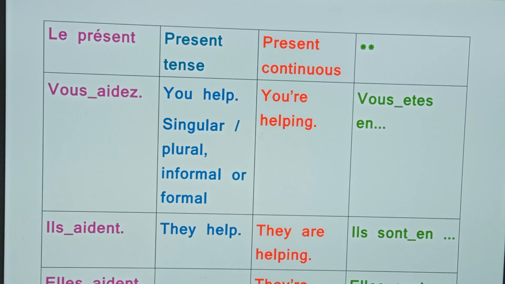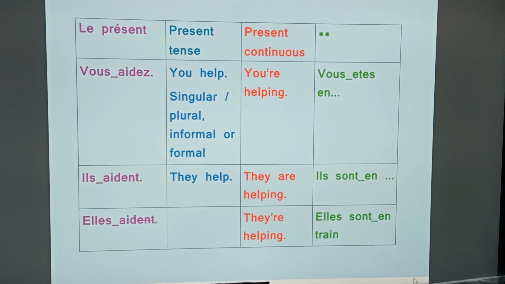And again, here also in English, you can put they and then apostrophe RE. I have written it on the next one, you're going to see that in a minute. Ils aident, they help, they're helping. Ils sont en train d'aider. Okay? Ils sont en train d'aider.